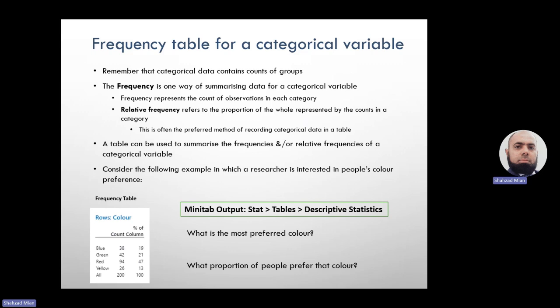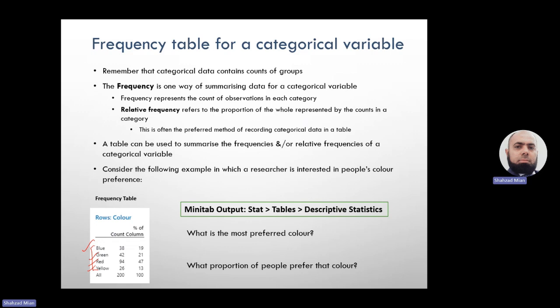Let's look at the example where people's favorite colors are mentioned. Here we have four rows, where the colors are blue, green, red, and yellow, and the total number of observations is 200. The counts shown for blue, green, red, and yellow are known as the frequency of those categories. The second column gives the relative frequency out of those 200 values.